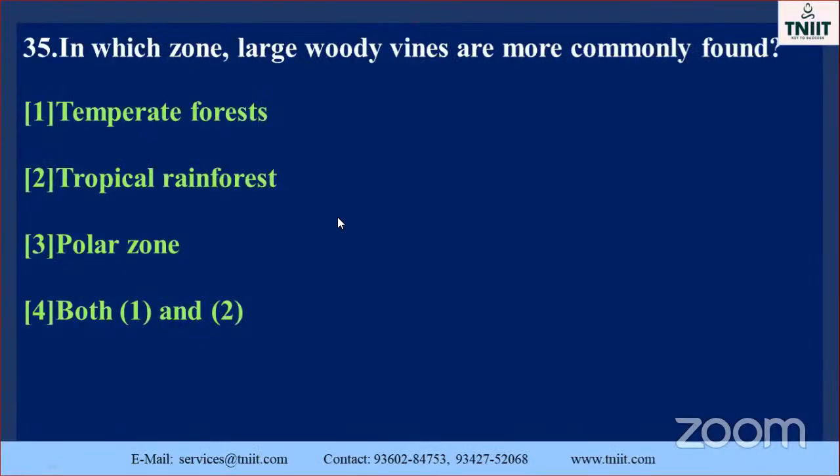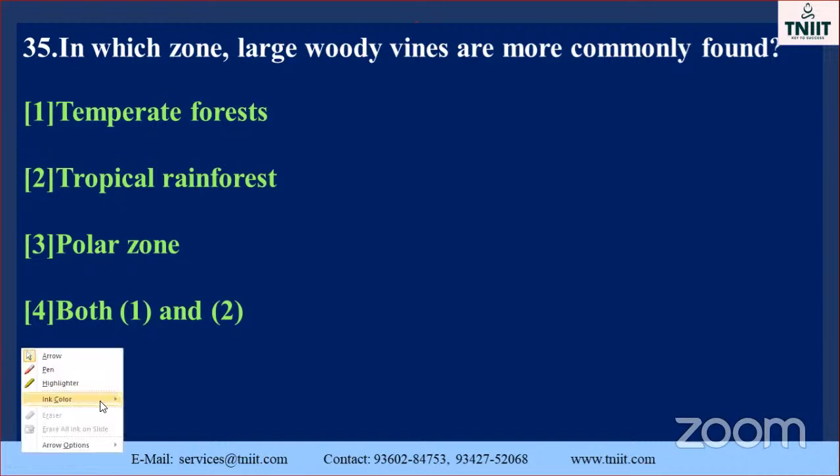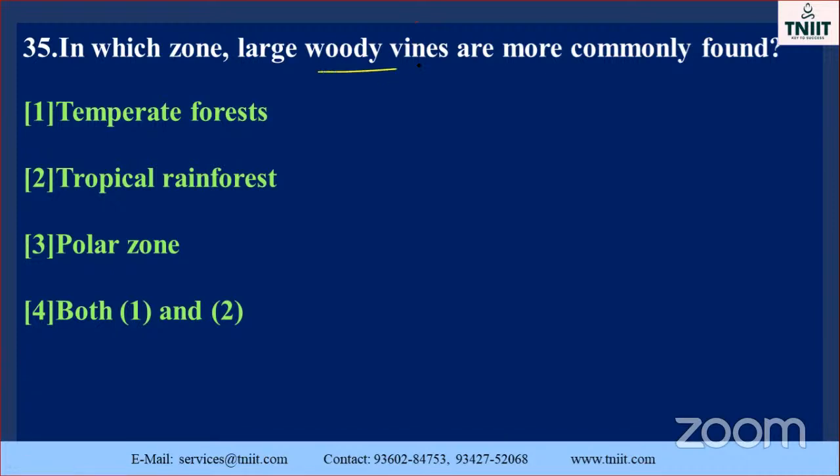See, the next one is: in which zone are large woody vines more commonly found? Okay. Where? Woody. This is the key point. Keyword, clue. Woody vines more commonly. Temperate forest? No. Polar zone? No. So both 1 and 2 will not come.